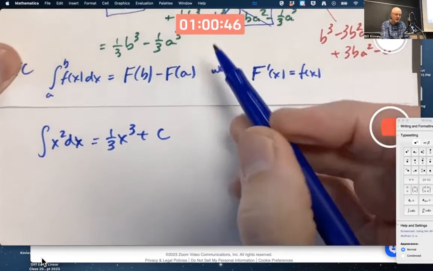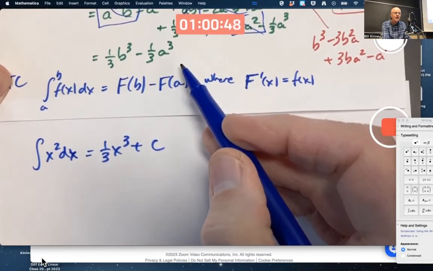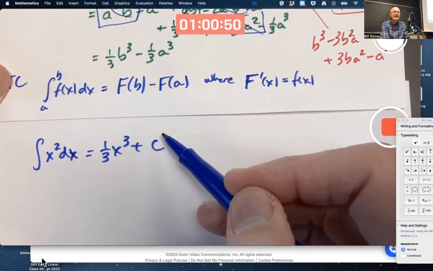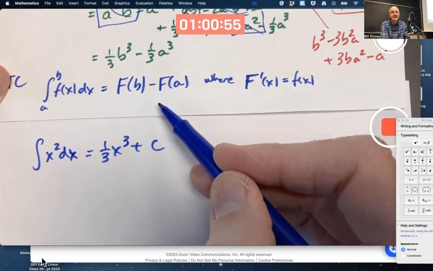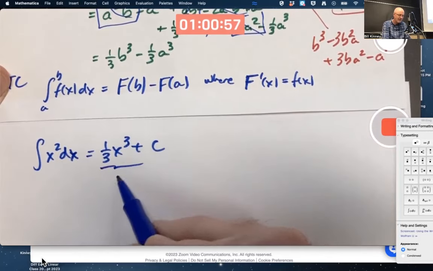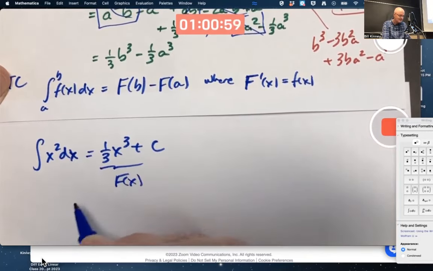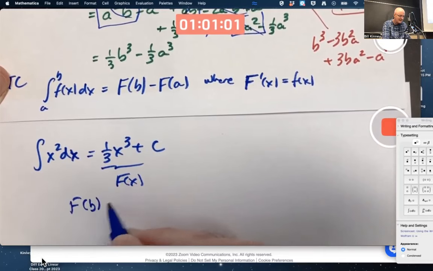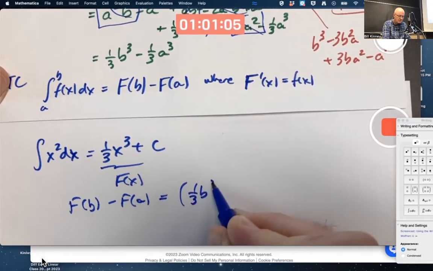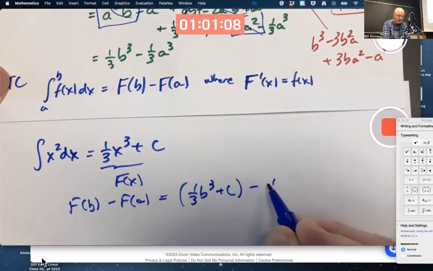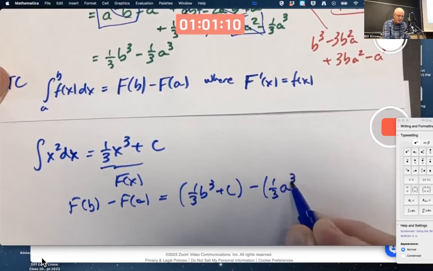Oh, boy, it's feeling really close here, isn't it? But what about the plus c? It doesn't matter because when you subtract, it cancels. If this is my capital F of x, then capital F of b minus capital F of a is 1/3 b cubed plus c minus 1/3 a cubed plus c.